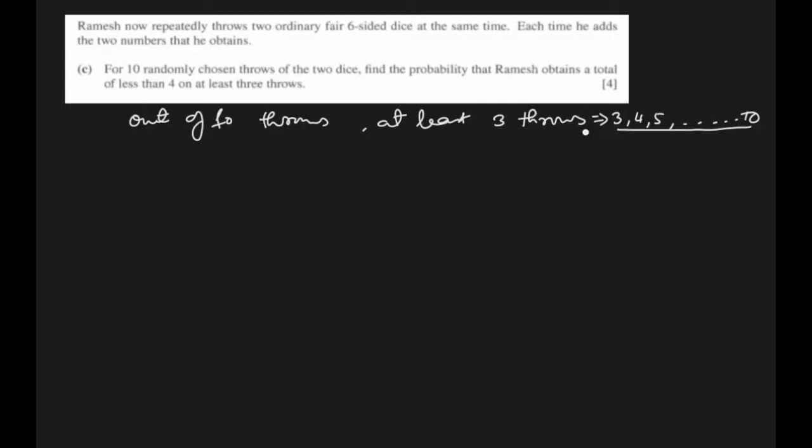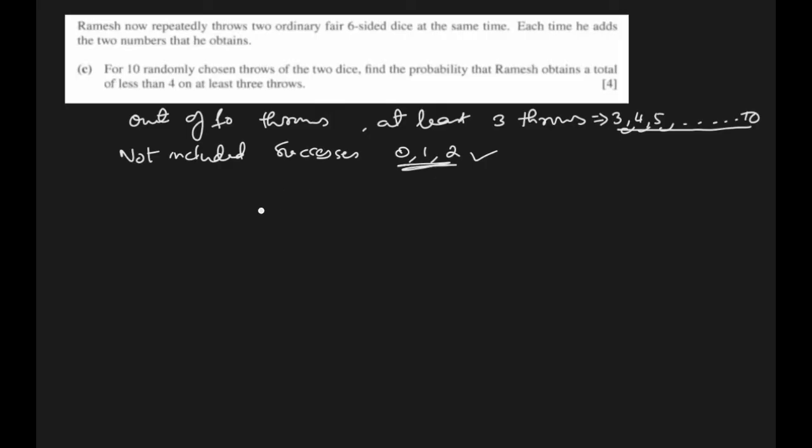So we can say that the ones which are not included, the number of successes, are 0, 1 and 2. These are the ones we don't want. We want 3, 4, 5 up to 10 successes, but not 0, 1, 2, and we'll take their help to get our answer.